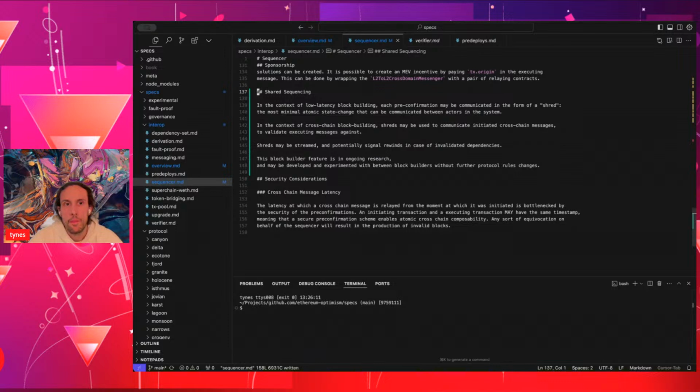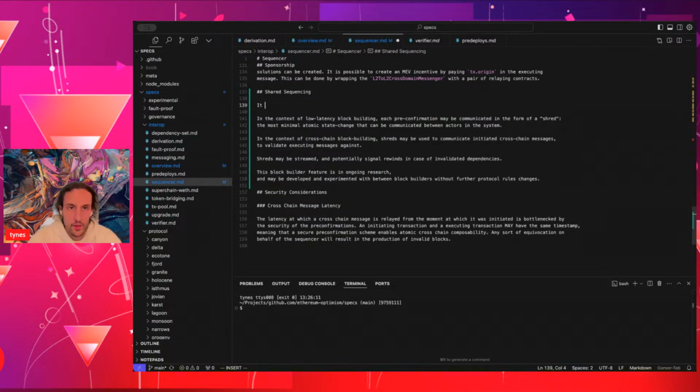Okay, so it is possible to build a shared sequencer on top of OP stuff.